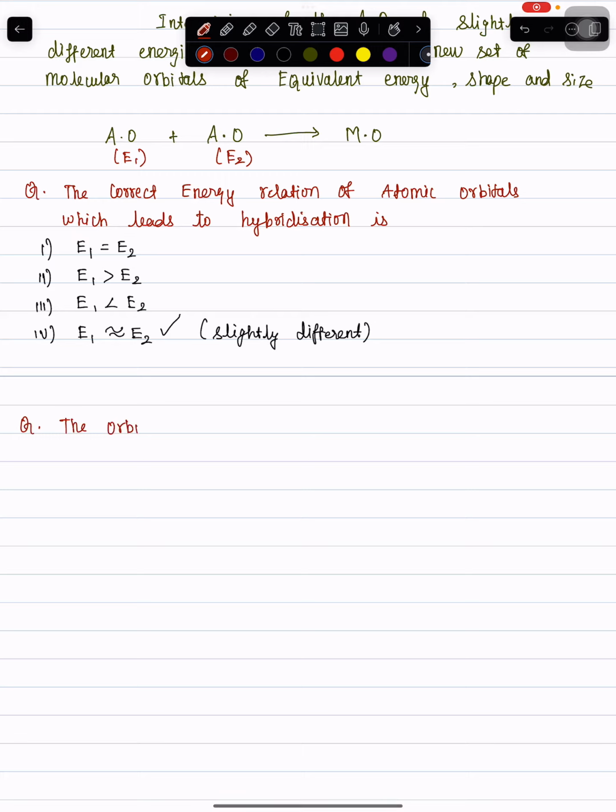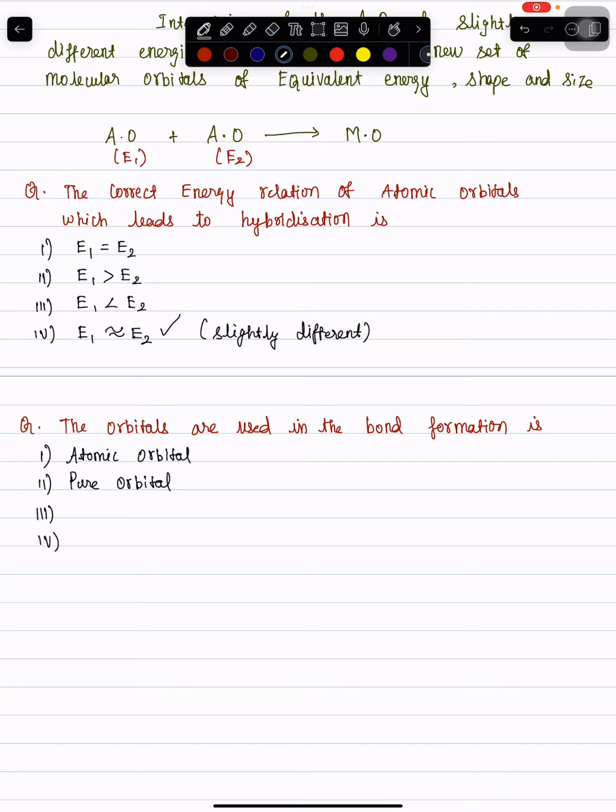The orbitals used in the bond formation are: atomic orbital, pure orbital, hybrid orbital, valence shell orbital.